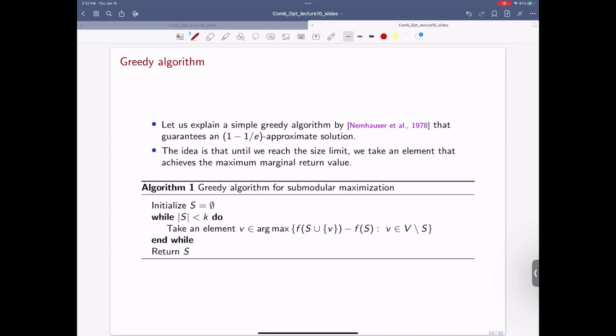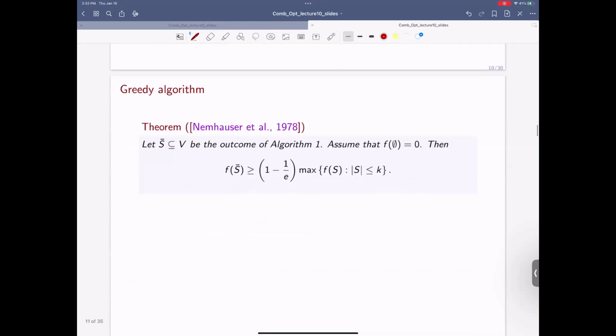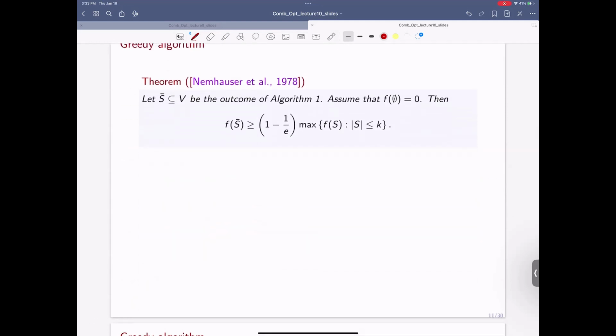Among the elements that have not been included, you choose the one that has the maximum possible marginal return. And it's proven that it gives you a 1 minus 1 over e approximation. Let's prove this together. It's not too difficult.